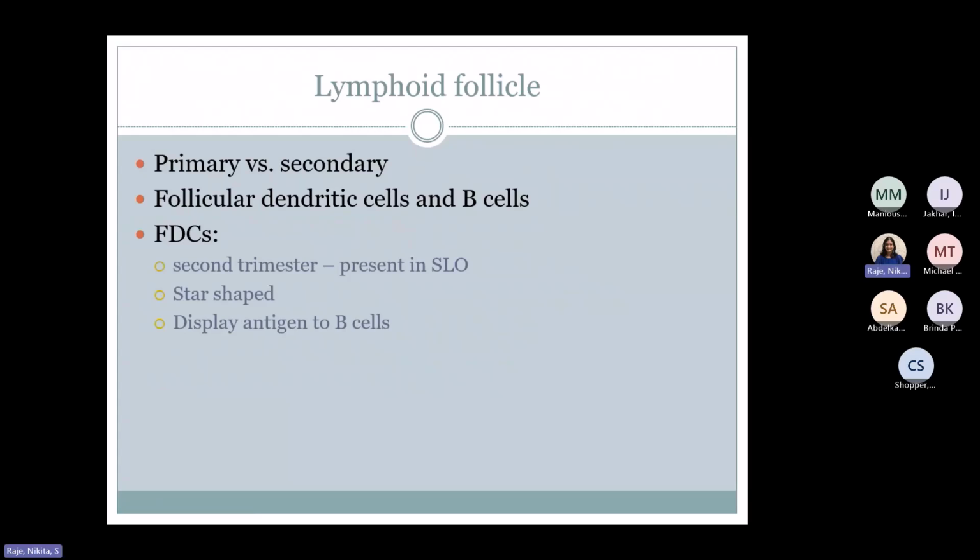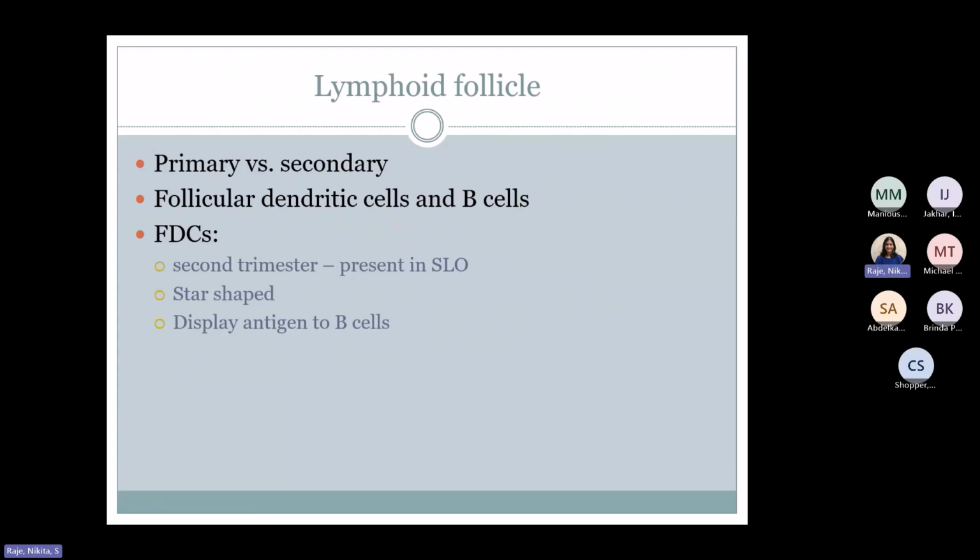These follicular dendritic cells, or FDCs, are produced starting in the second trimester of pregnancy, and they are present in those secondary lymphoid organs. These are star-shaped, and their job is to display the antigen to the B cells.